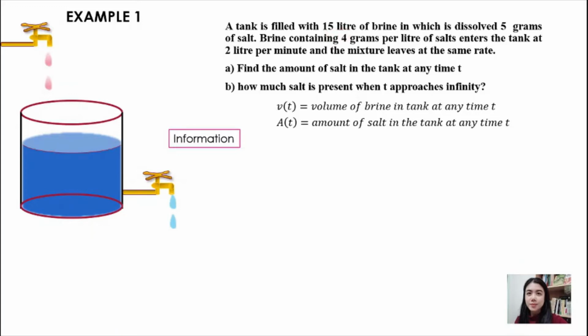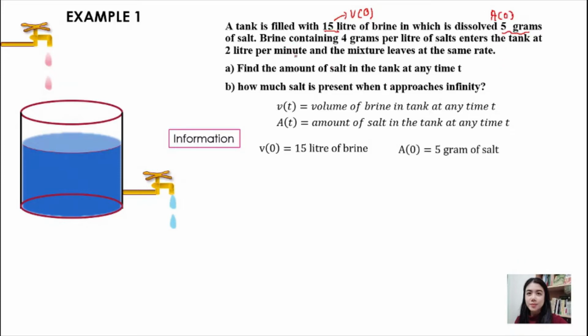So this 15 liters of brine is your initial volume, your V at time equal to 0. So V(0) is equal to 15 liters of brine, in which is dissolved 5 grams of salt. This 5 grams of salt is the initial amount of salt in the tank, so A(0) equals 5 grams.